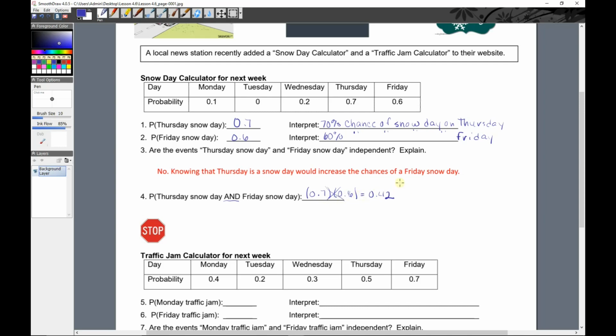We actually have a formula, which is the probability of A and B equals the probability of A times the probability of B. But this is only when A and B are independent events.